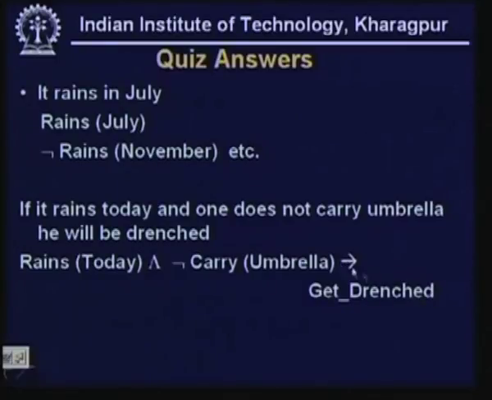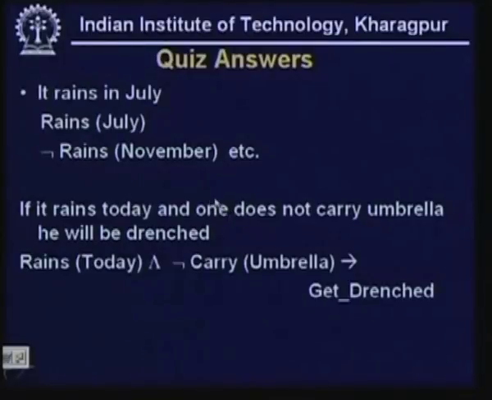This is one way, but here I have done some mischief. You see that there is a word "one", and I have somehow escaped that. One does not carry umbrella, I have simplified that, because in order to capture constructs like one does not carry umbrella, no one carries umbrella, somebody does not carry umbrella, we require some more power than what is provided in propositional logic.